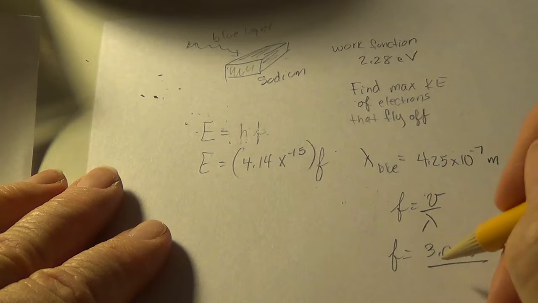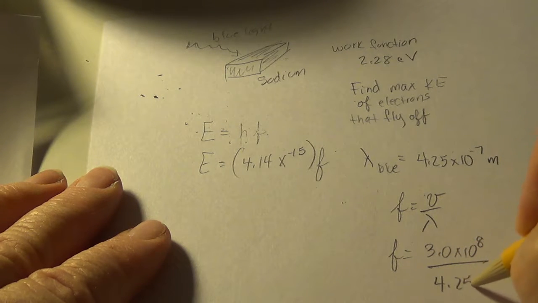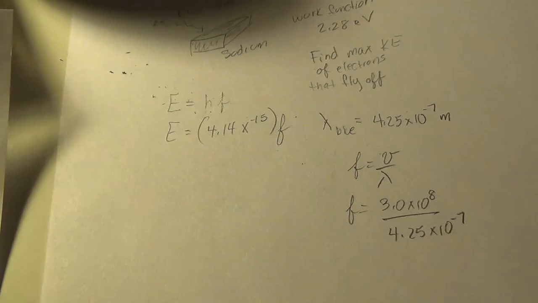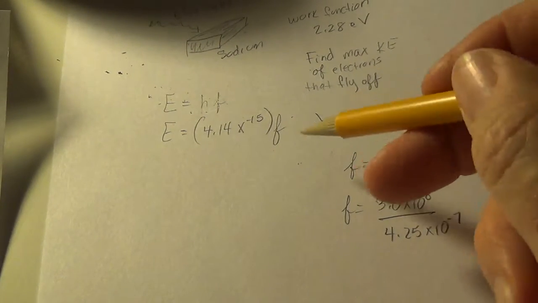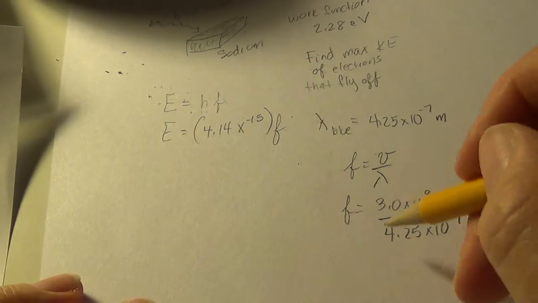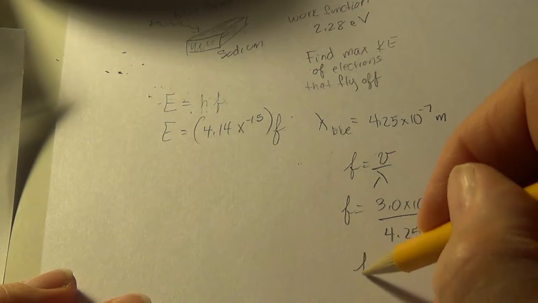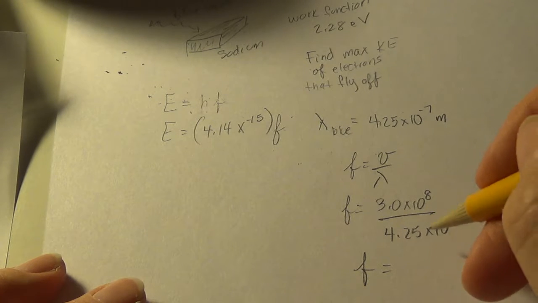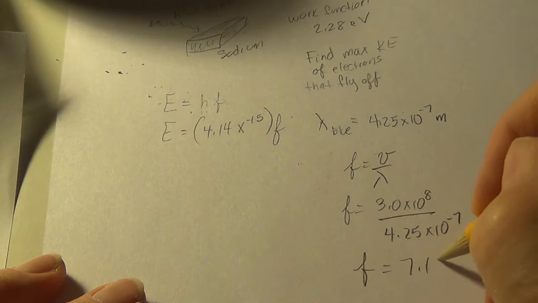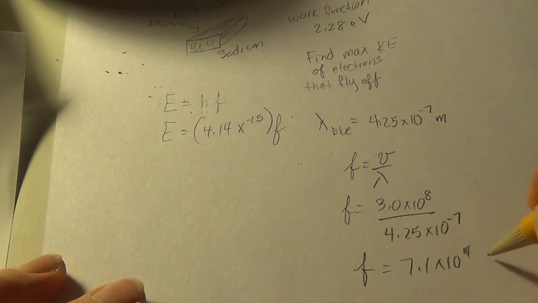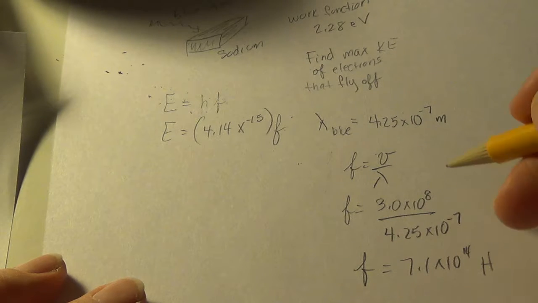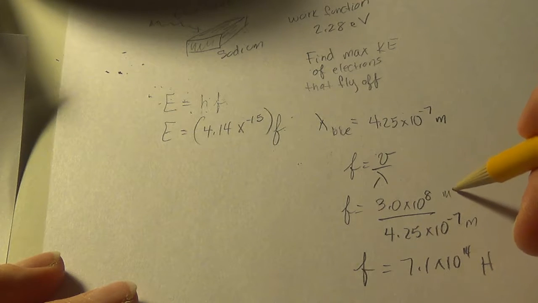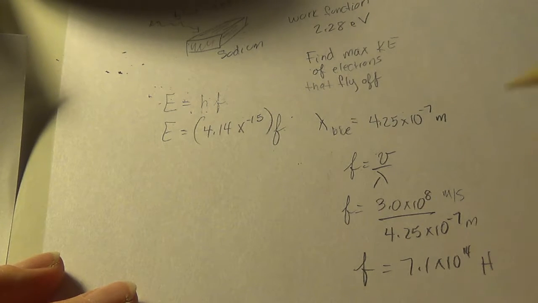And lambda is 4.25 times 10 to the minus 7. So we have to stop there and get the frequency before you can go back and calculate the energy. After we divide these two numbers, we get 7.1 times 10 to the 14th. It's frequency, since we kept it in meters and meters per second, we end up with hertz.